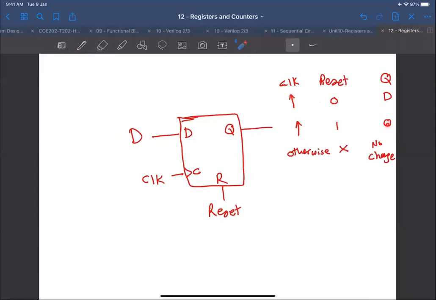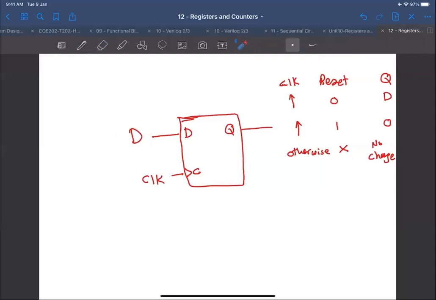So it's reset. We call this reset a synchronous reset because it's synchronized with the clock edge. And we don't draw it this way. We draw it with the input D.